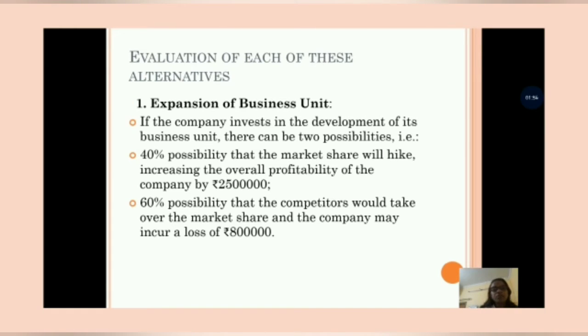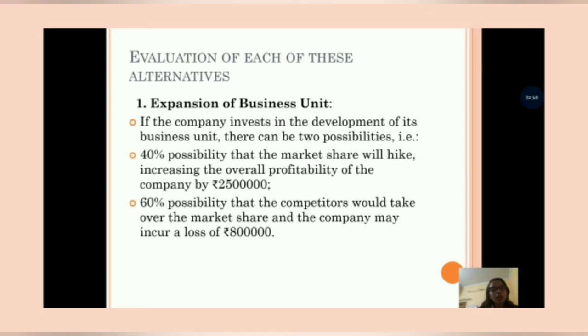If the company chooses the first alternative, that is expansion of the business unit, then there is a possibility that the profit of the company may increase by 25 lakh, whereas there is a 60% possibility that the company may suffer a loss of 8 lakh rupees.